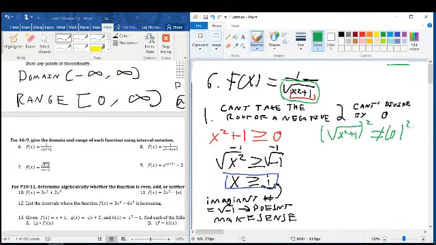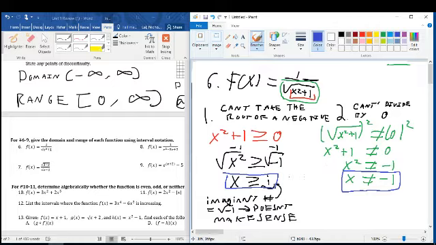Square both sides: x squared plus 1 cannot equal 0 squared, which is 0. Subtract 1. x squared cannot equal -1. Take the square root of each side. x cannot equal i. So that's our restrictive domain statement.